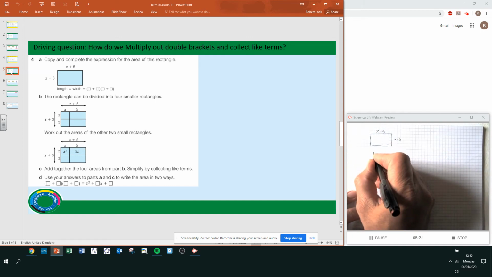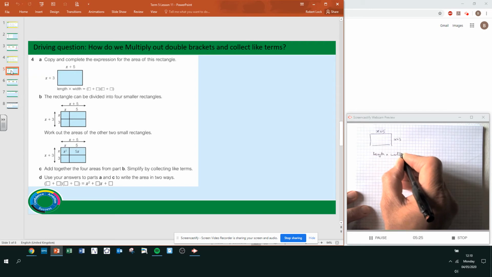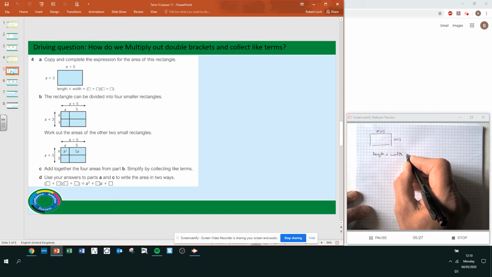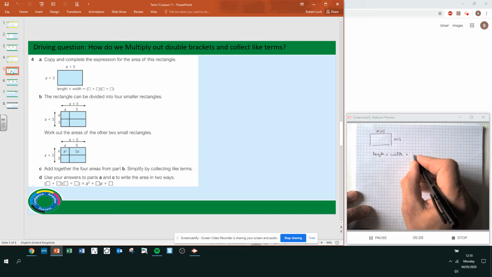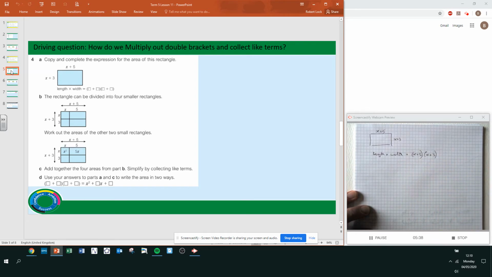We would normally say length times width, which is x plus 5 times x plus 3. So we end up with a double bracket.